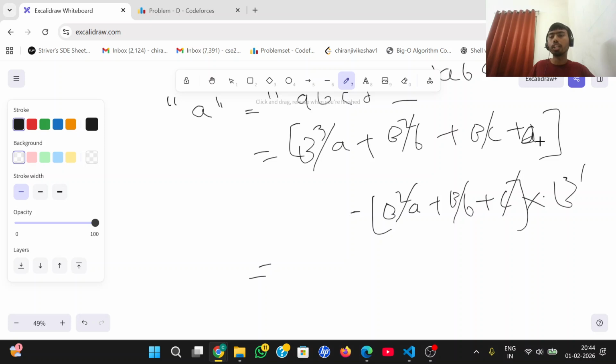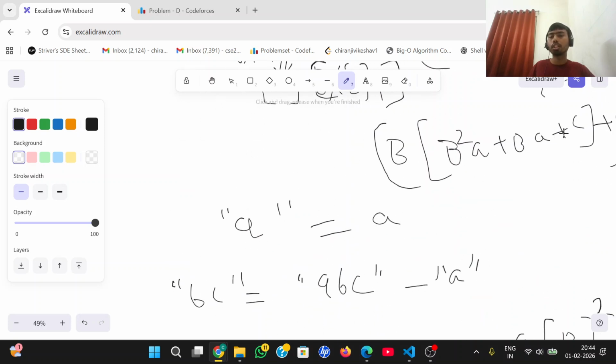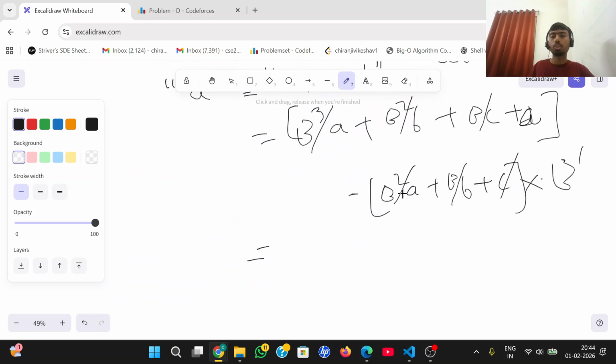Here it is not D. It is A. Sorry, it is A. You can see here, it is A. The hash value of the whole string. Okay, so what is left? A is left.